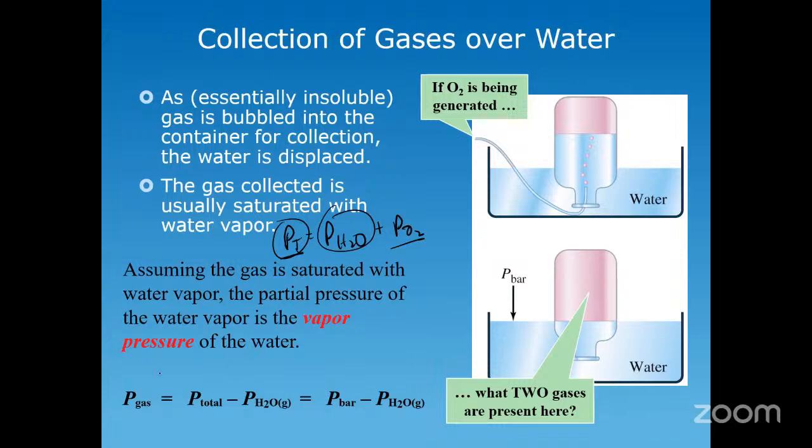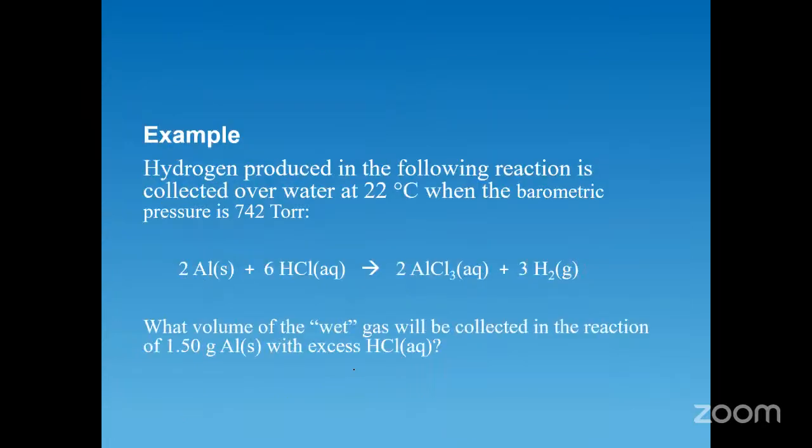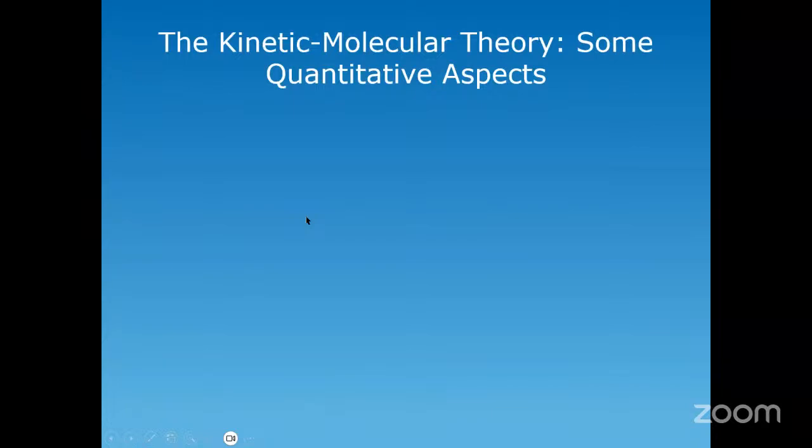So the pressure of the gas collected would be equal to the difference between the total pressure and the vapor pressure, and the total pressure would be the same as the barometric pressure because the water levels are the same inside and outside the jar. So basically the difference between the barometric pressure and the water vapor pressure will give you the pressure of the gas, right? And I think the next slide has an example of a question which deals with this situation.